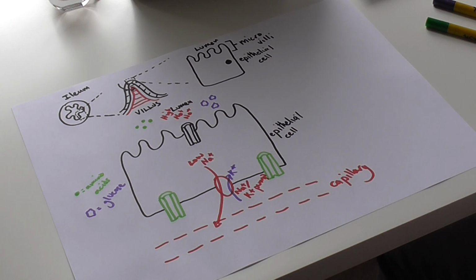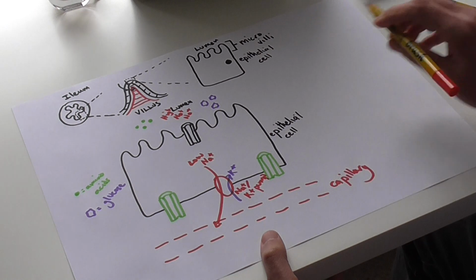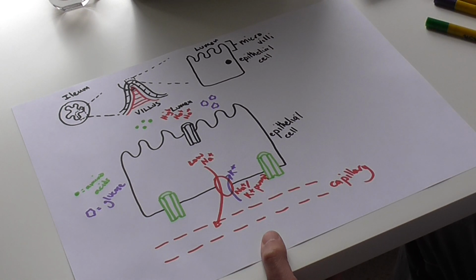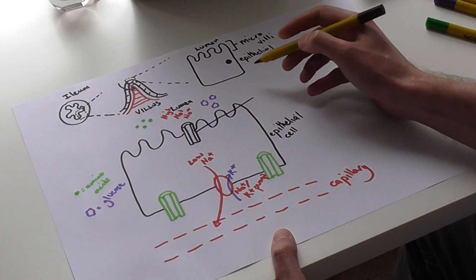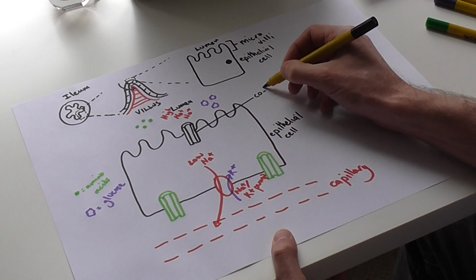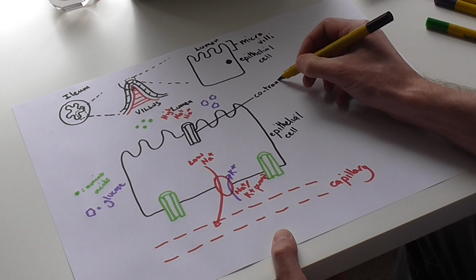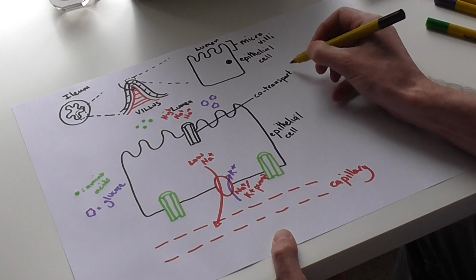What happens now is that those sodium ions in the lumen start to move down their concentration gradient through this type of channel protein, which is called a co-transport protein.